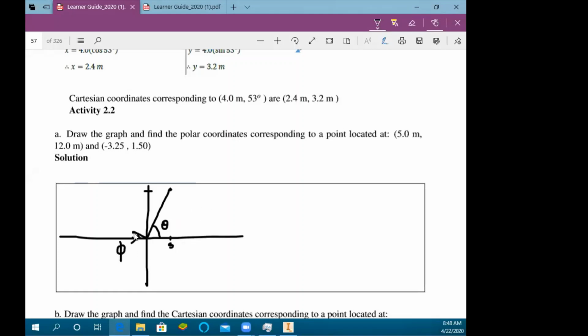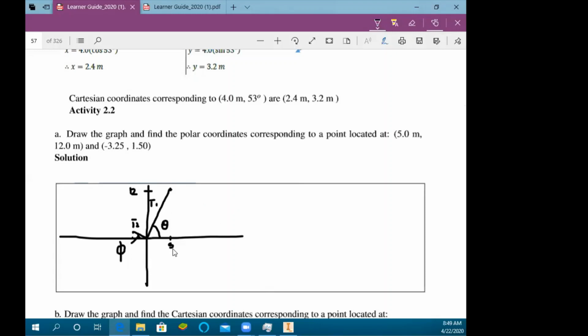This magnitude I'm gonna call it R1, and this one I'm gonna call it R2. You know this value here, it's 12, right?